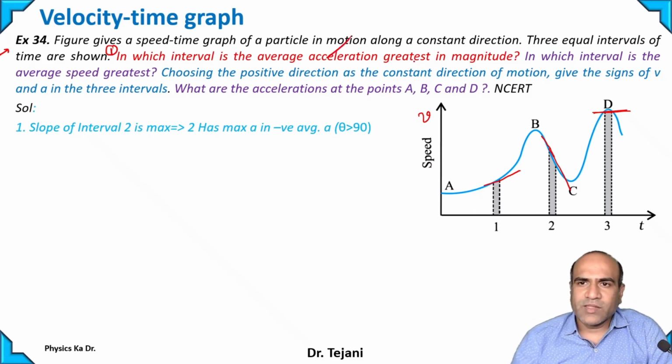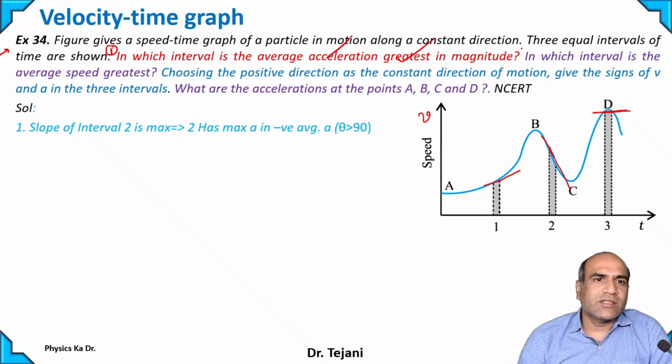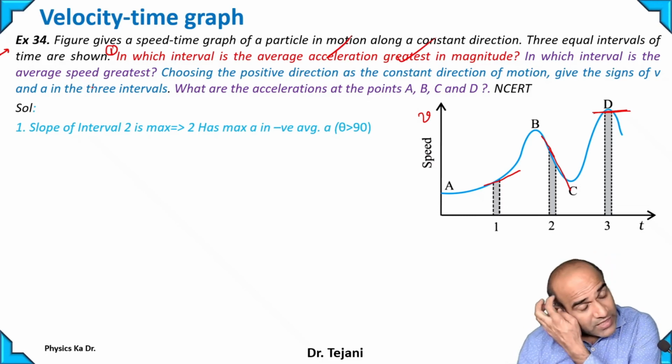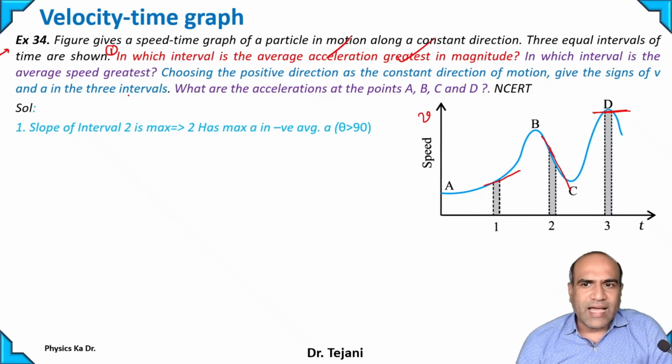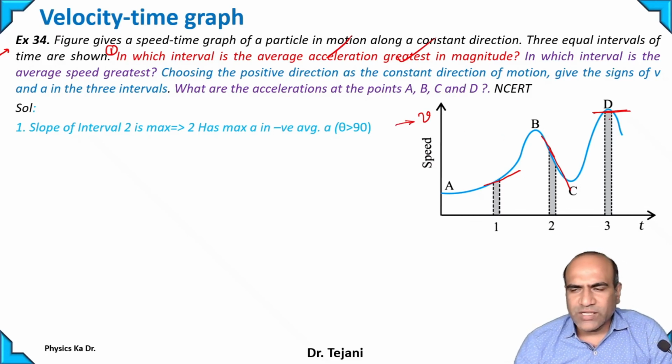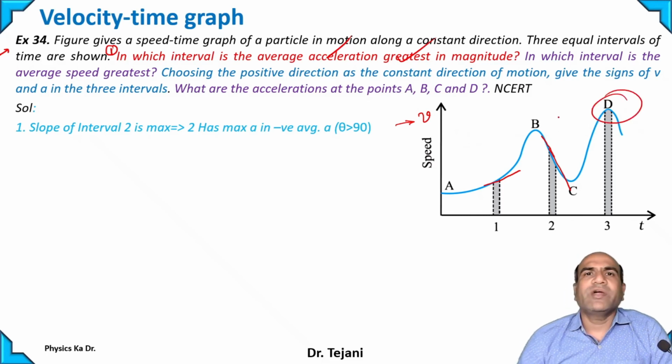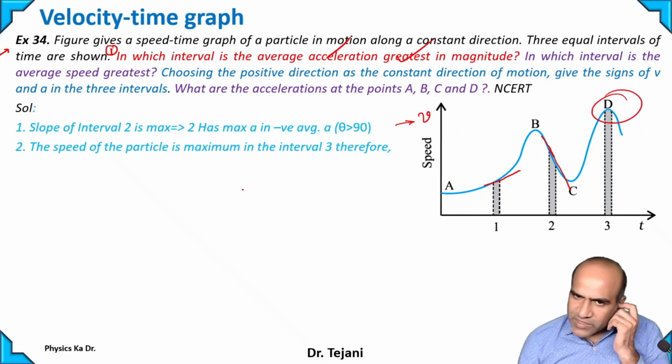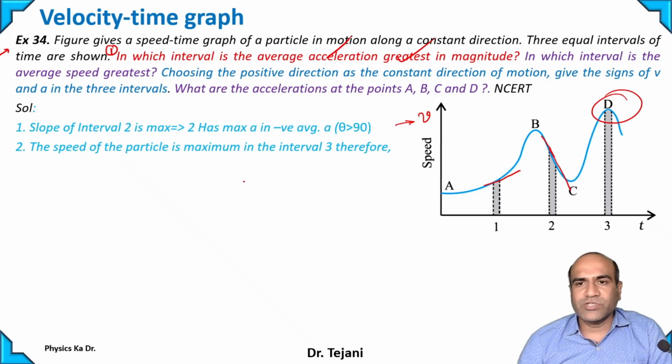Now, in which interval is the average speed greatest? This graph is directly given for speed, so you need not find the slope. Here the highest is at point D, so the speed of the particle is maximum at position D, in interval 3. It is very easy.